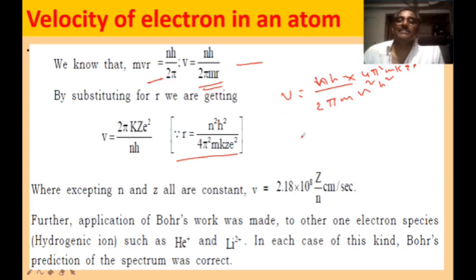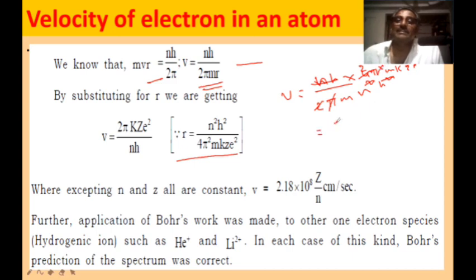If this is simplified, 2 divides 4 two times, and one of the n and h will be cancelled. What remains in the numerator? 2 and pi also, so one pi and one pi will be cancelled.